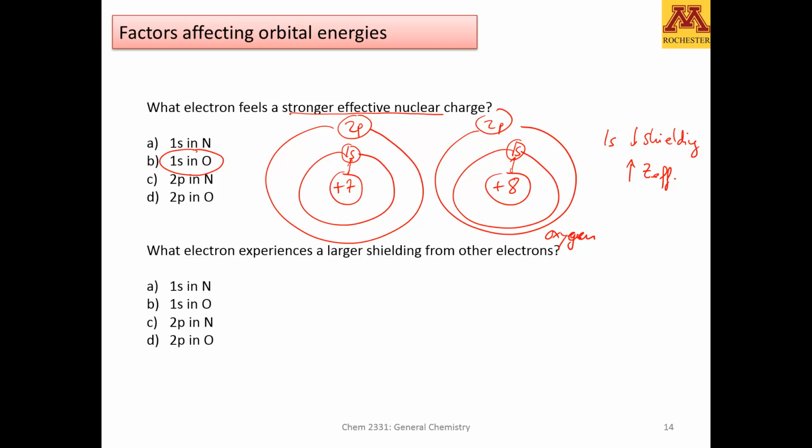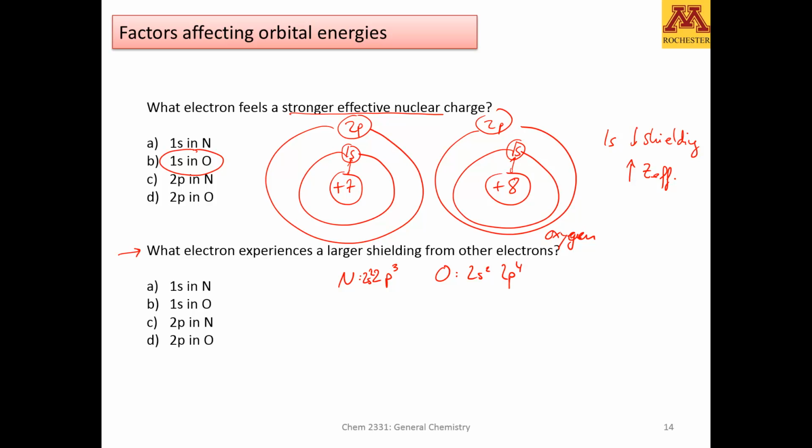Now, what this question asks is, which one will experience the largest shielding from other electrons? We said that the 1s will experience a lower shielding. For the 2p, we have to remember from previous courses that the valence configuration of nitrogen is 2s2, 2p3, and oxygen is 2s2, 2p4.